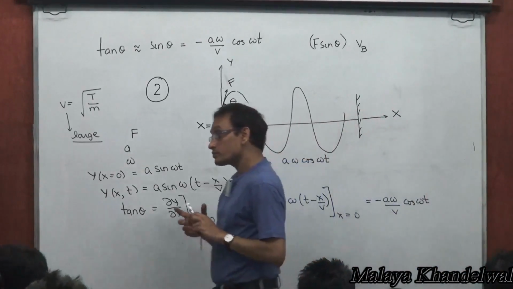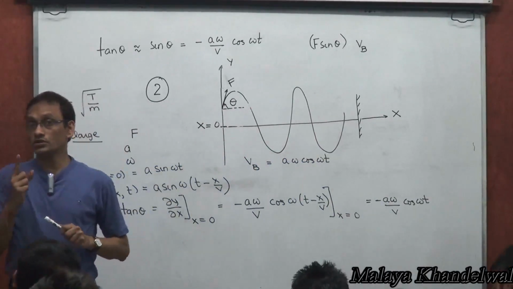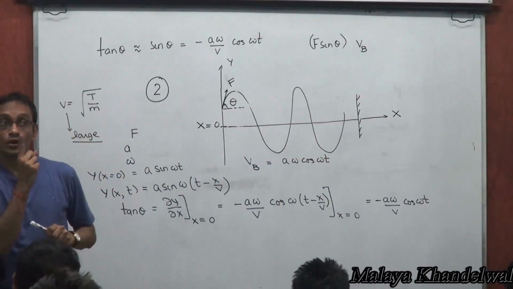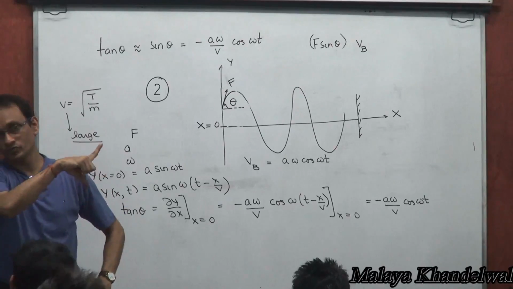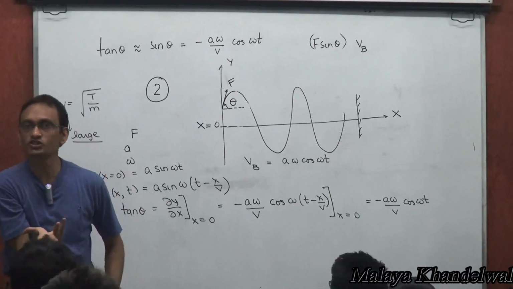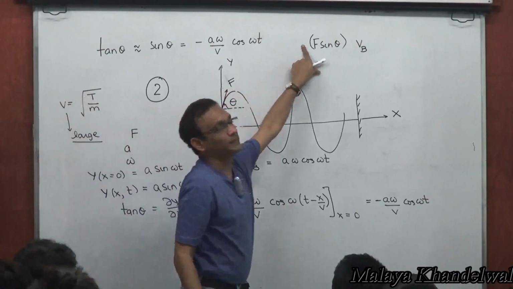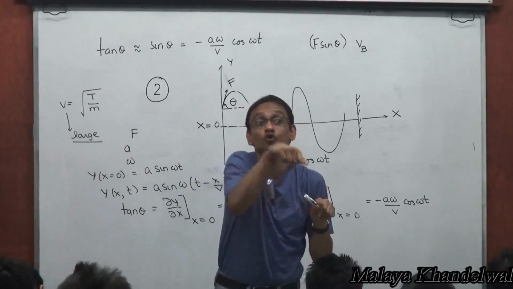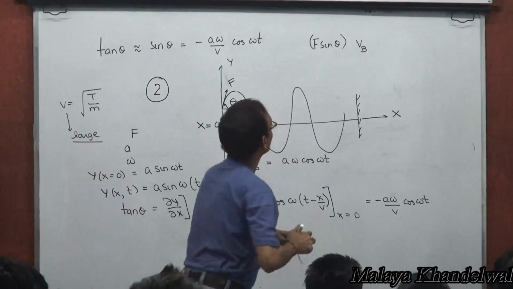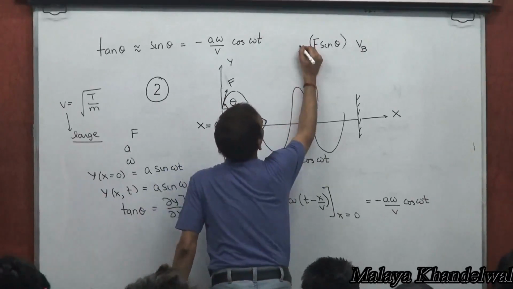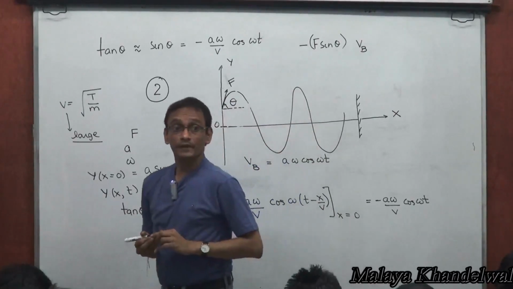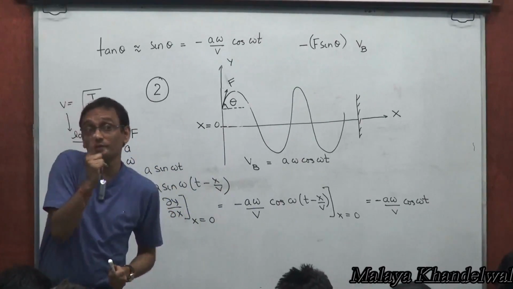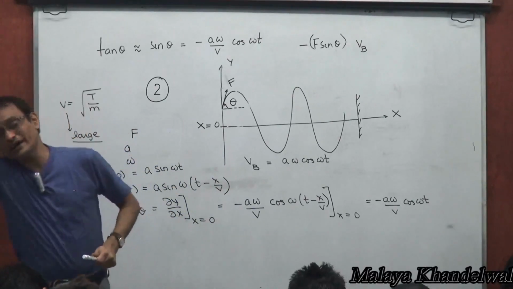Now this is about the force that the string exerts on the block. The block exerts on the string the negative of this force, that means minus F sine theta, because we want to find the energy transferred to the string by the block. So we use minus F sine theta into Vb, because minus F sine theta would be the force that the block exerts on the string.